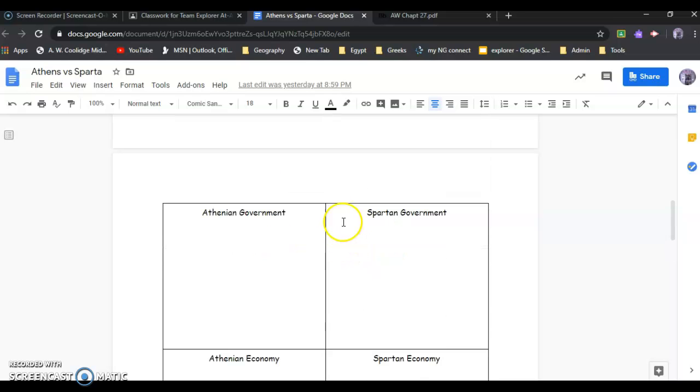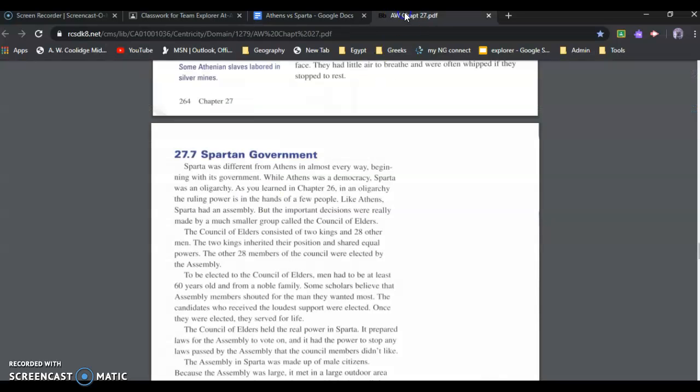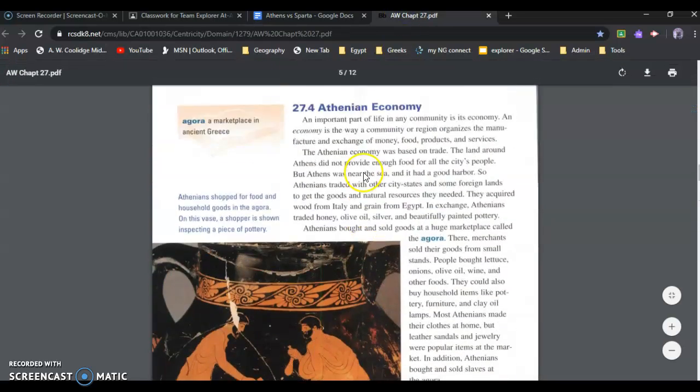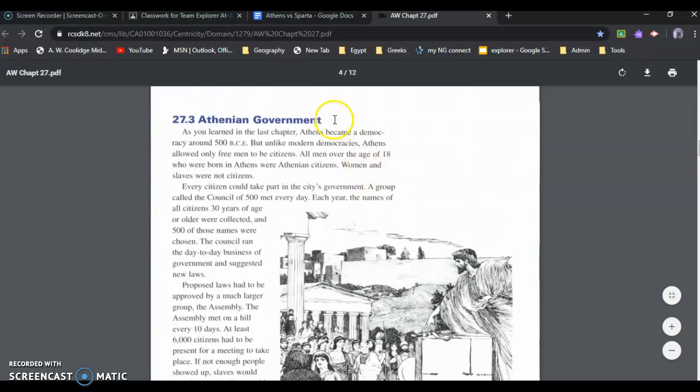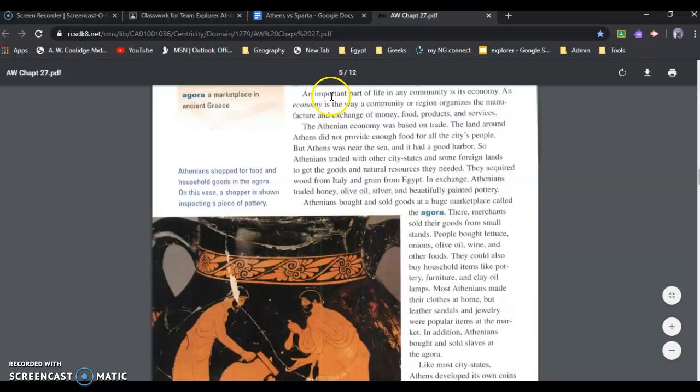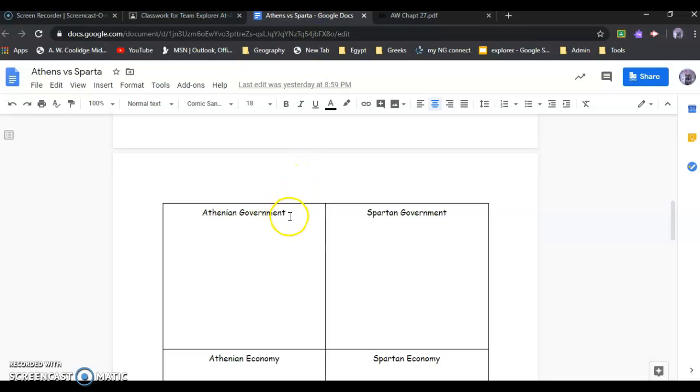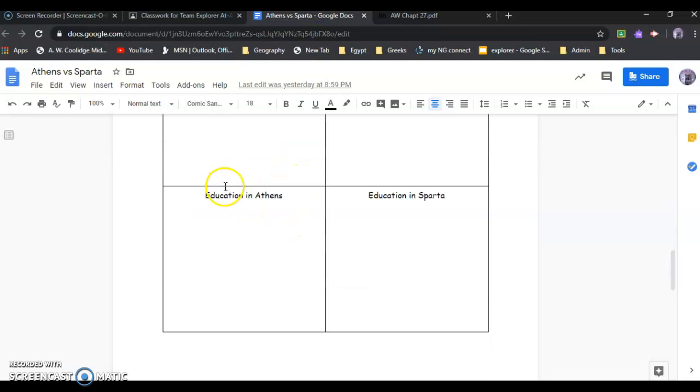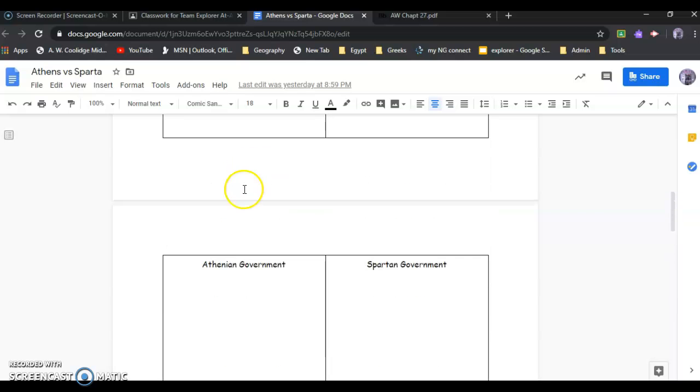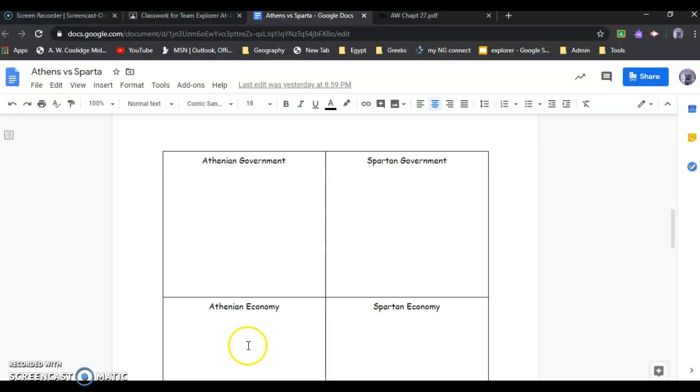Or you could just go by the way the reading is set up and do Athenian government, Athenian economy, education in Athens. So you can work it either way: one city-state at a time, or one topic at a time. Either way you do it, I don't care.